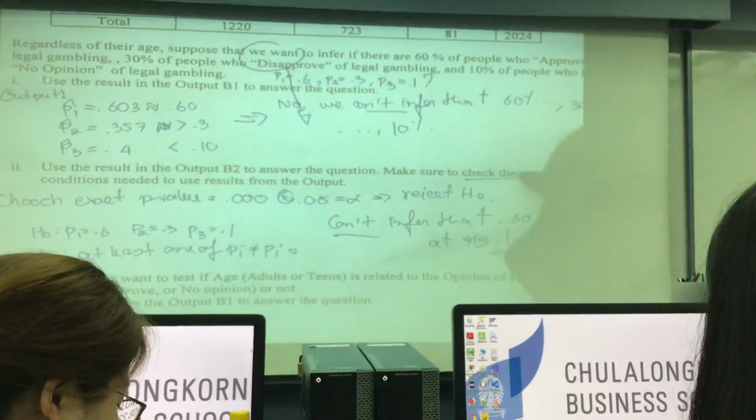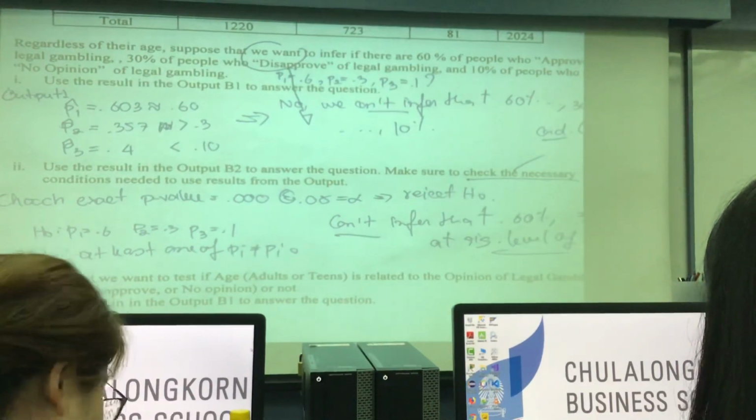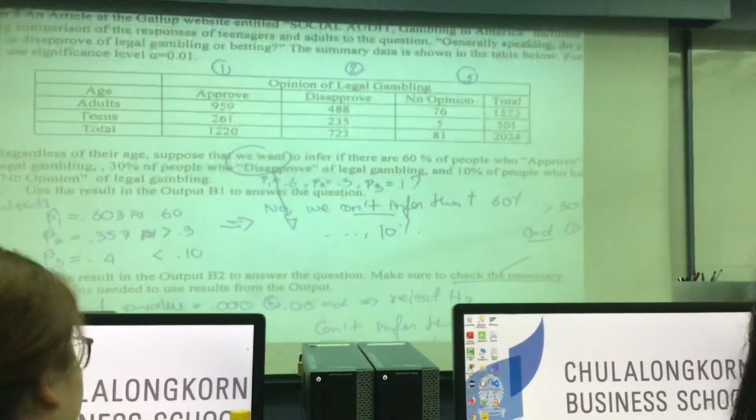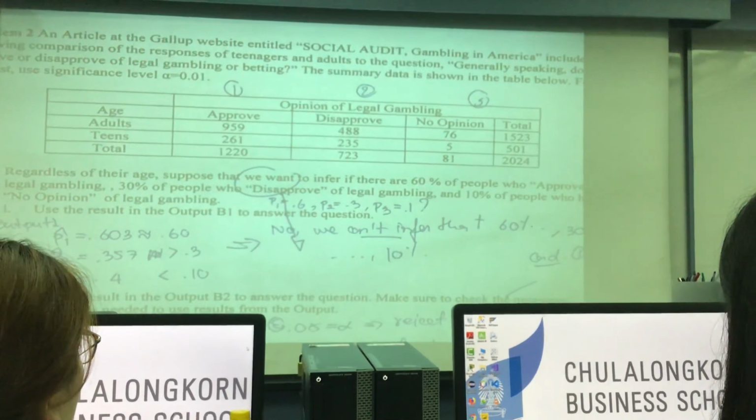Check conditions. The first one: do we have random samples? In the question it's given alpha as 0.01.